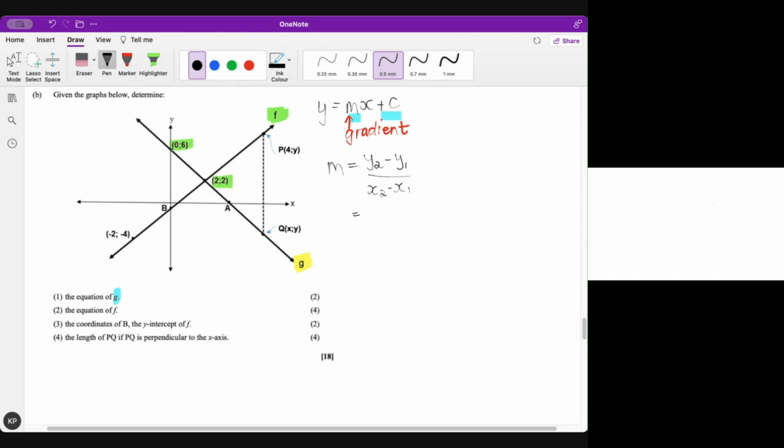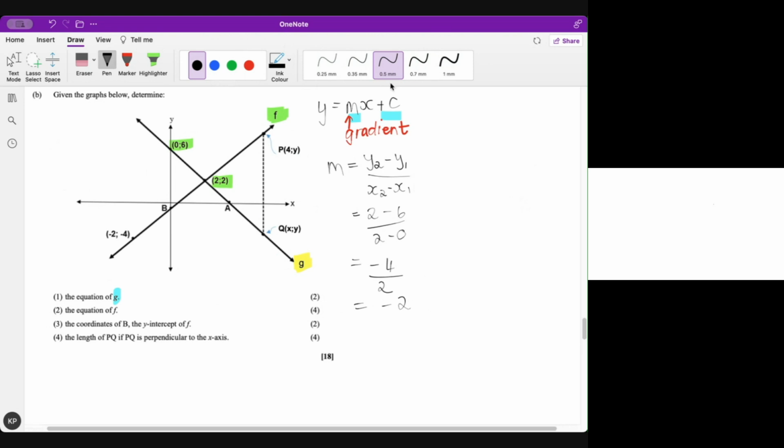This one will be my second point. So 2 minus 6 over 2 minus 0. That's negative 4 over 2. What's negative 4 divided by 2? There we go, negative 2.